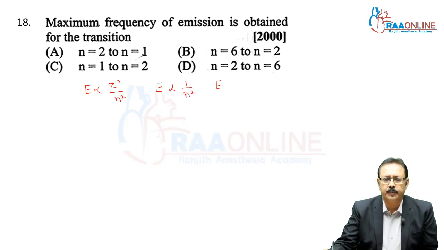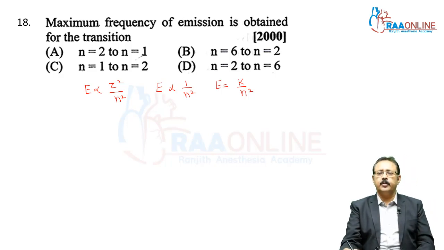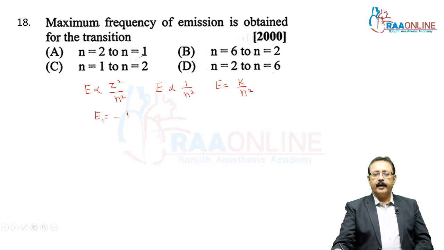E is equal to K upon n square. So we are dealing with 1, 2 and 6. Energy is negative in each orbit and depends on the number n.